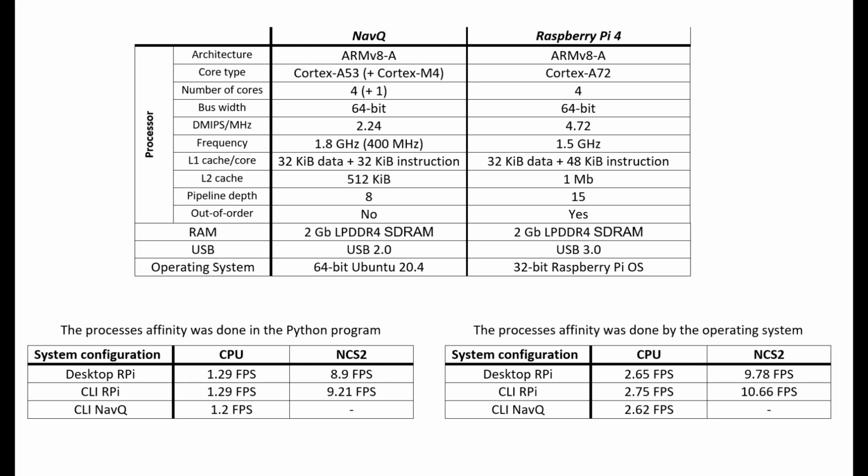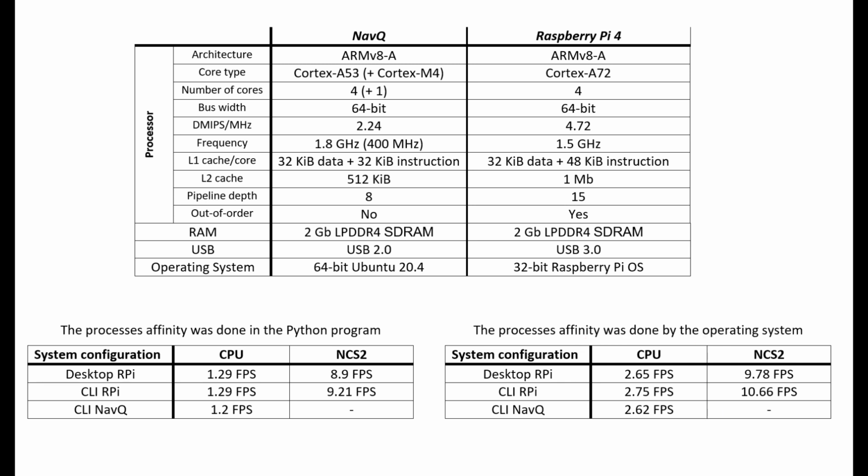But the most shocking conclusion is that we have two different systems. One of them, the Raspberry Pi system, is more powerful than the NavQ system, but the human detection performances are very similar. So we have here 1.2 frames per second versus 1.29 frames per second, or 2.62 frames per second versus 2.65 or 2.75 frames per second.